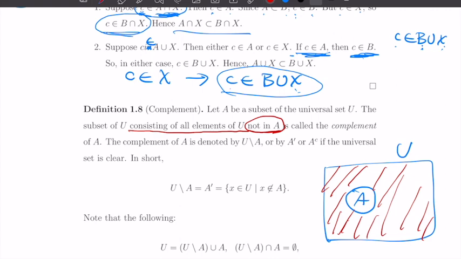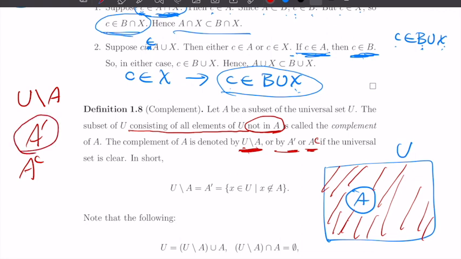And the complement is written like this, or this, or this: U excluding A, or A prime, or A C, or U minus A. In this lecture, we mostly use this notation for complements.